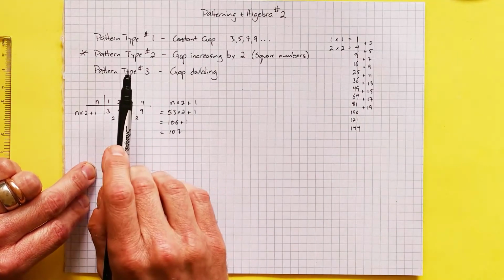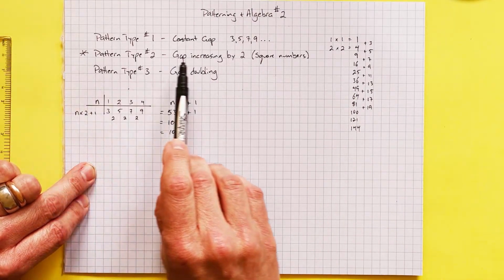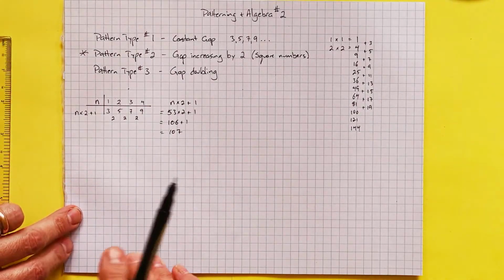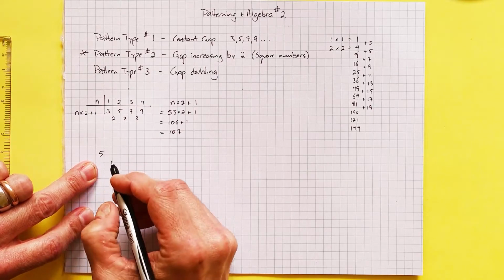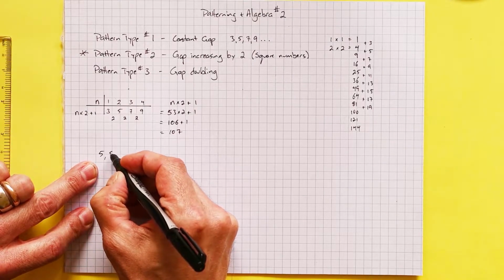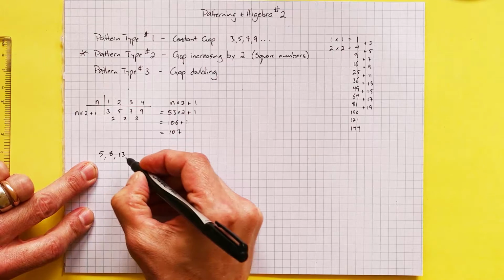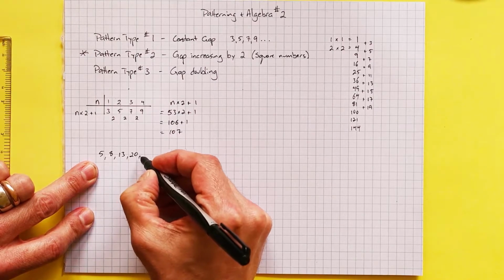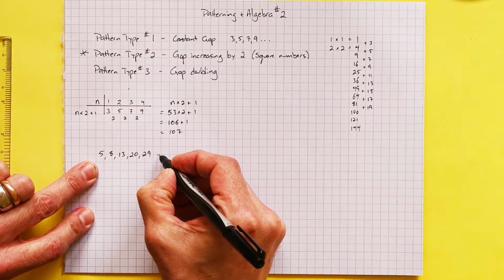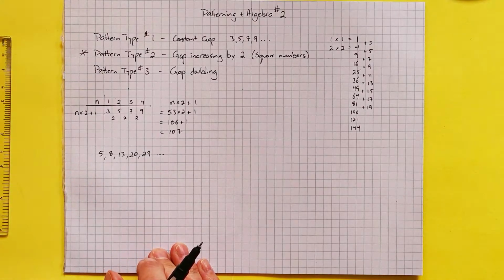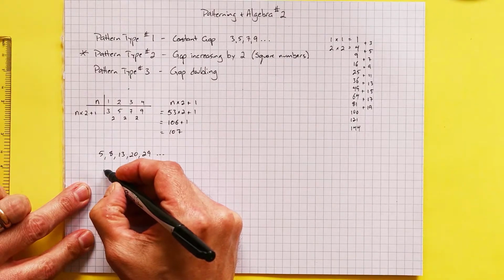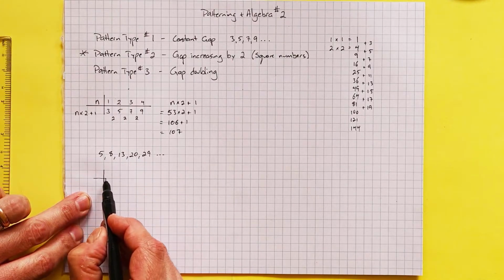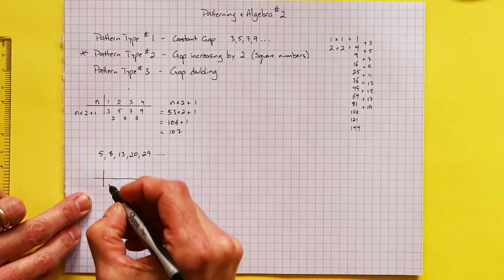So let's consider a typical sequence of this kind. We could, for instance, begin at 5, and then we would move to 8, and then 13, and then 20, and then 29. So there's our pattern. Let's get it into a t-table so that we can start to look for relationships.